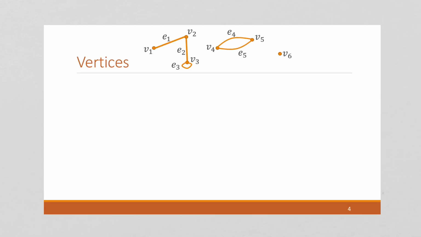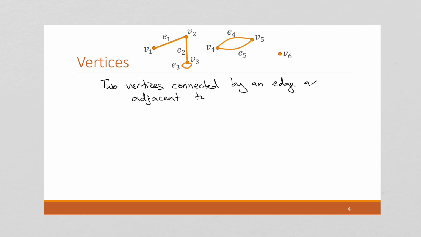For vertices, we're going to say that two vertices connected by an edge are adjacent to one another.